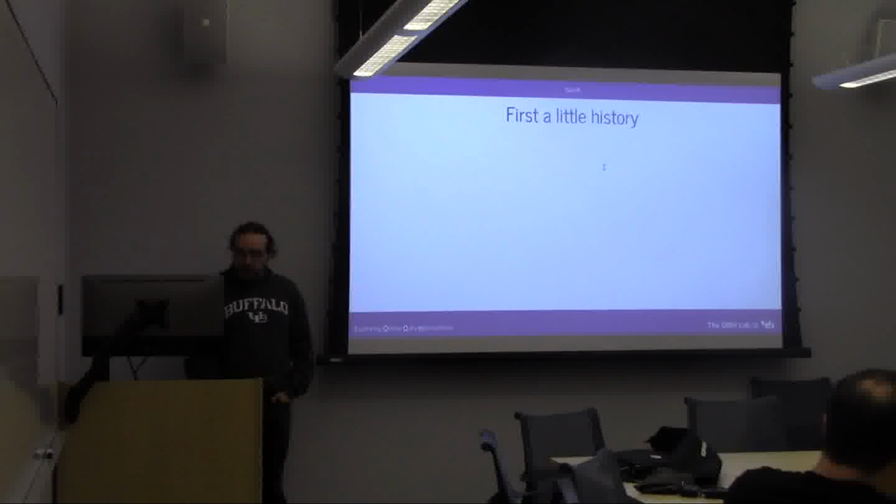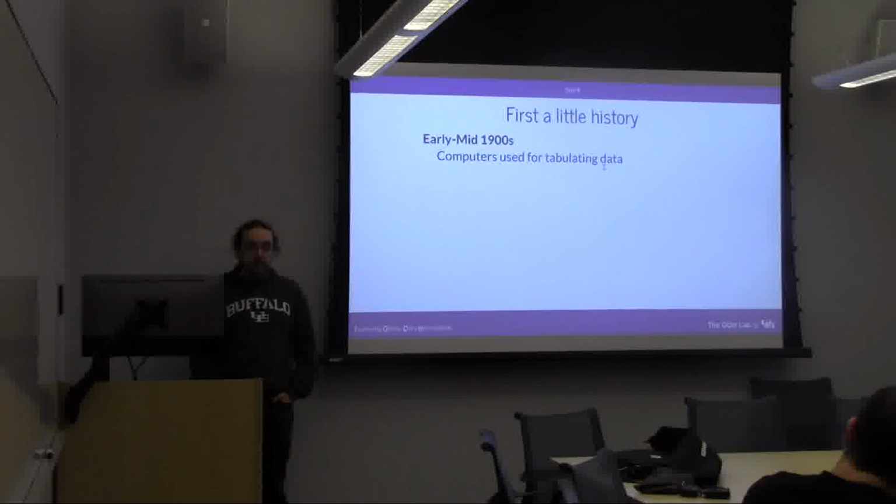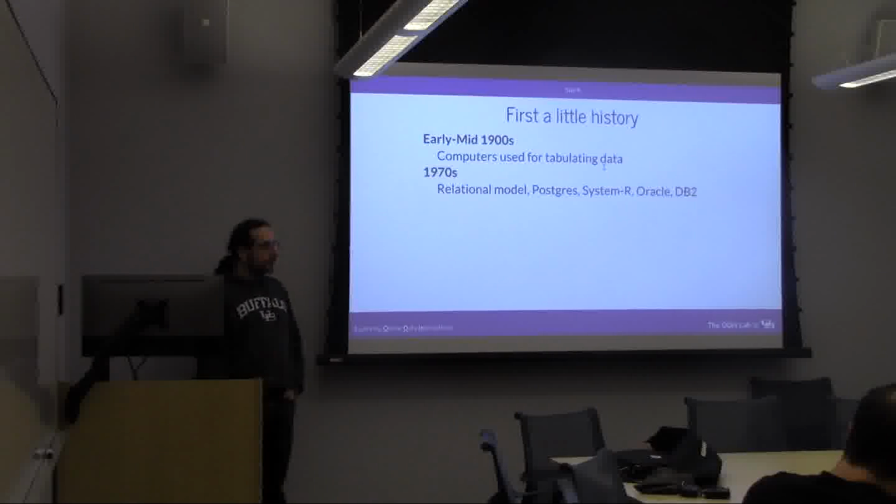Way back when, in the early days, computers were used for tabulating data. At some point, Todd came along and proposed the relational model. A bunch of people picked this up and said, let's build some systems around it. Postgres, System R, Oracle, DB2 all came out of the 1970s.